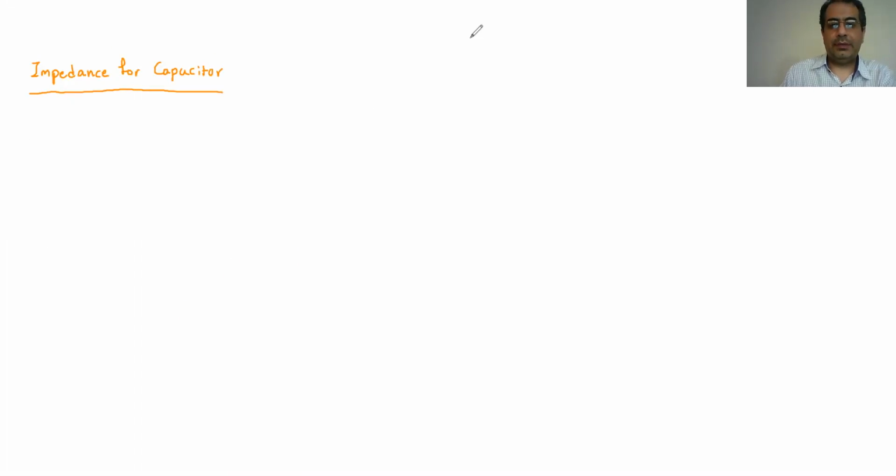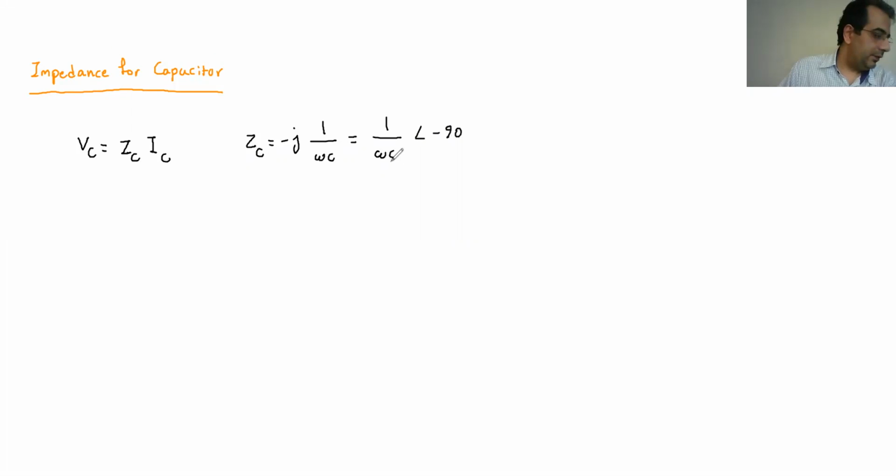So we can write for the capacitor that the voltage in the capacitor is equal to the impedance for the capacitor times the current in the capacitor, and the impedance of the capacitor is equal to negative j 1 over omega C, or basically 1 over omega C with angle of negative 90 degrees.